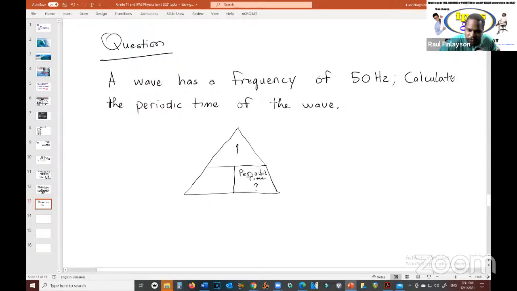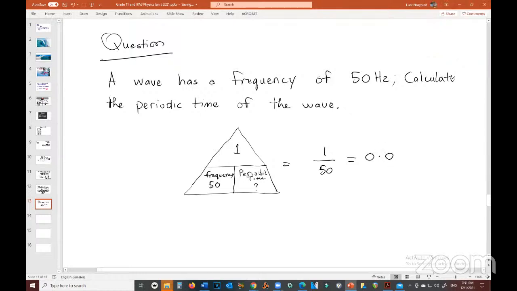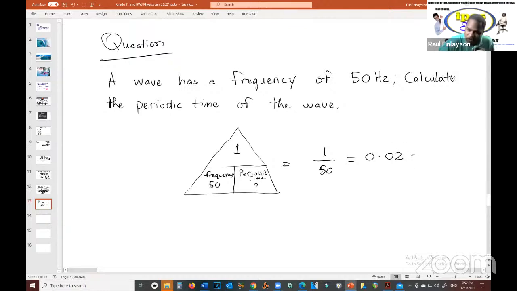The formula says 1 over the frequency, and 50 is the frequency. So periodic time is equal to 1 over 50. And what's that number? You should get 0.02. All right, very good. 0.02 seconds, and that's it.